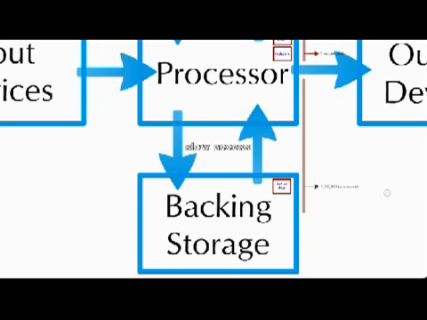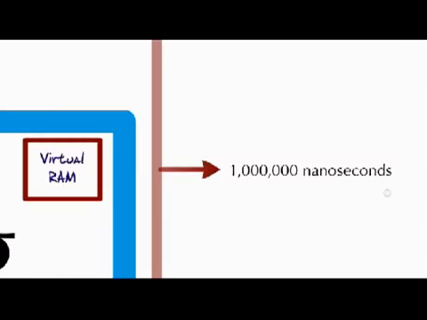So it basically uses a section of your hard drive as an area of memory which you can read temporary data from and write temporary data to, and that is why you sometimes hear your hard drives churning when you're running a particularly large application. So virtual RAM has an access speed of 1,000,000 nanoseconds, which is an awful lot more than 50.